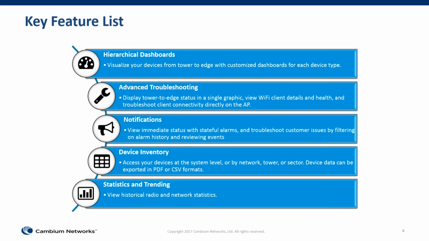We also offer advanced troubleshooting. Compared with a traditional network management tool, where you really see each individual device but not the relationship between devices or how things are connected, the advanced troubleshooting gives you a view of the whole network.